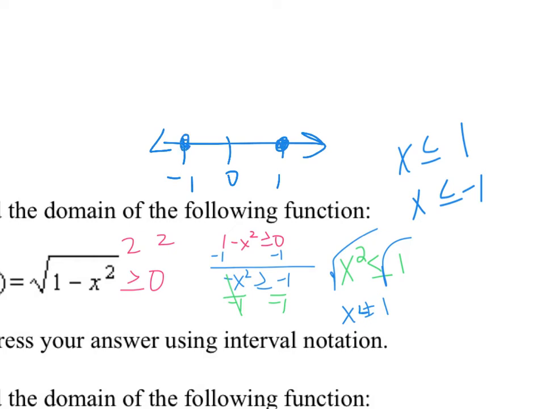So the first one, x is less than or equal to 1. Well, where does that go? Which way? Left. X is less than or equal to -1. Which way does that go? So that means you can use every number in the world from negative infinity to what? To which one? To +1.